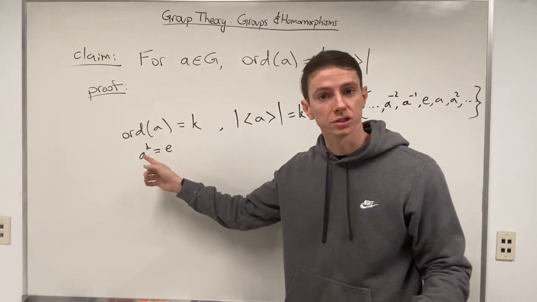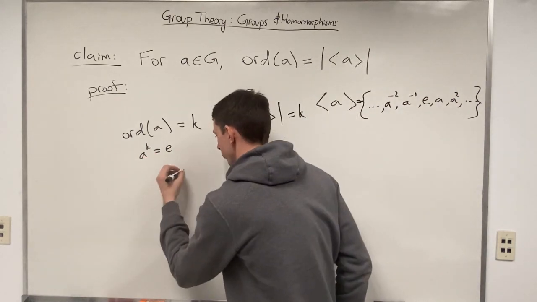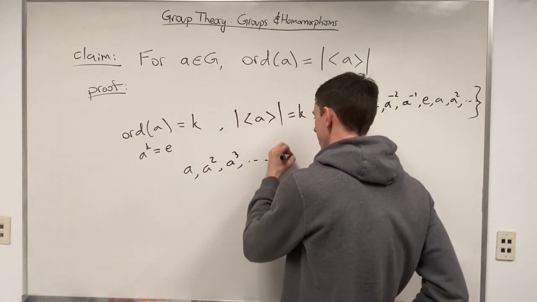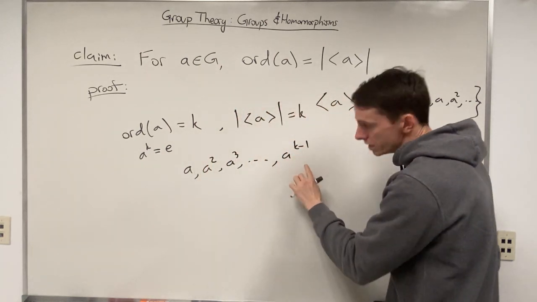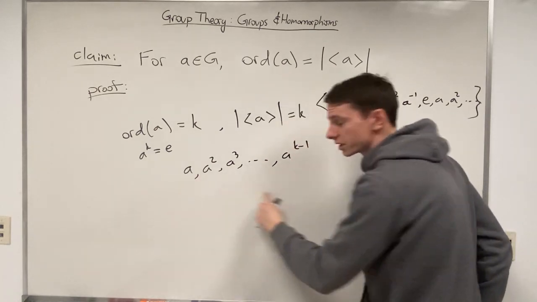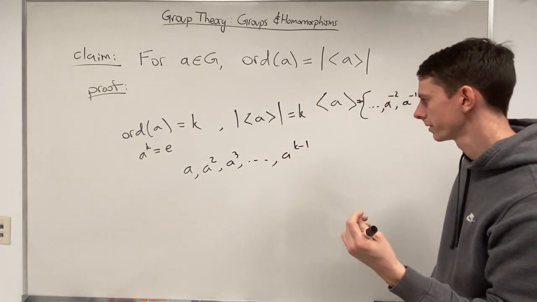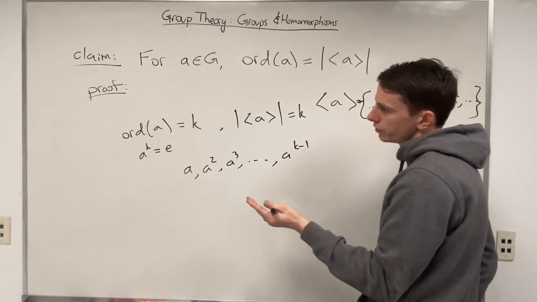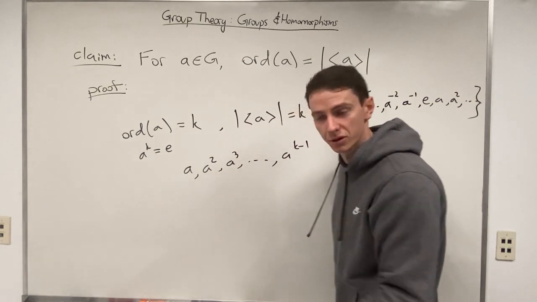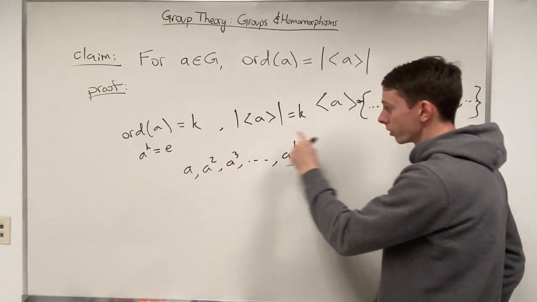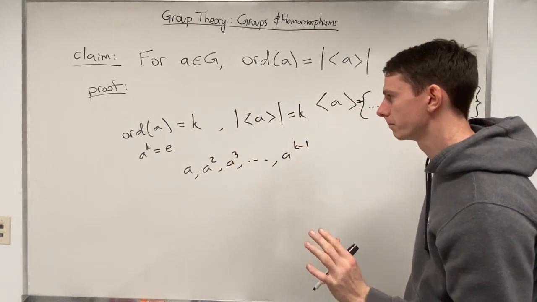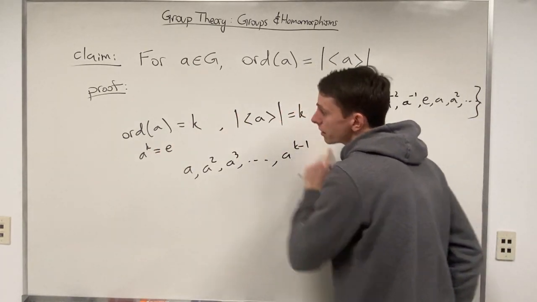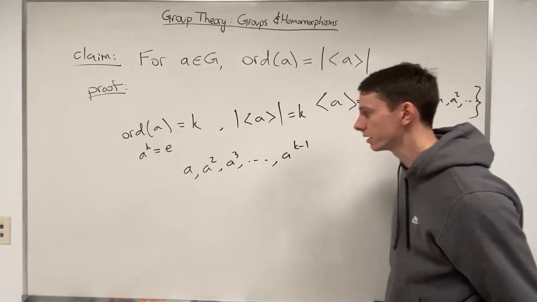So in other words, if we took a squared, a cubed, all the way through a to the k minus 1, none of these elements right here can be the identity element. Because if any of these were the identity element, then the order would be whatever that exponent was, either 2 or 3 or 4, all the way up to k minus 1. But because we said the order was k, none of these can ever equal the identity.